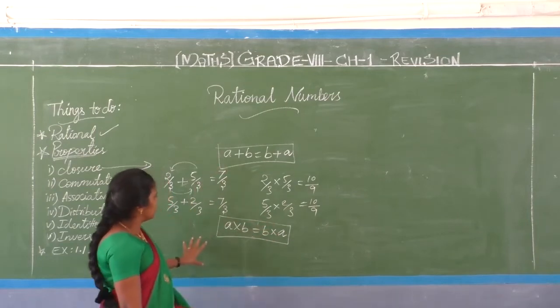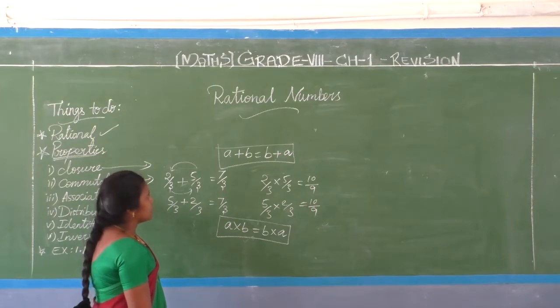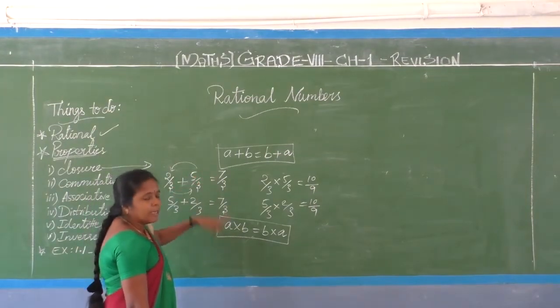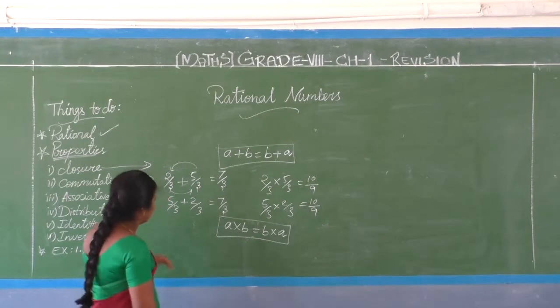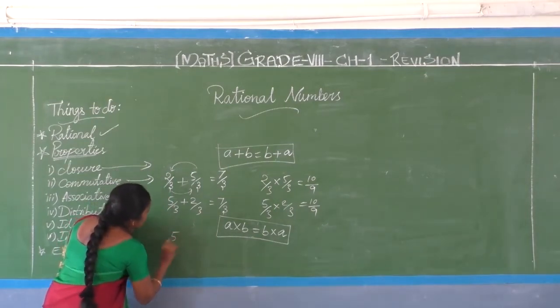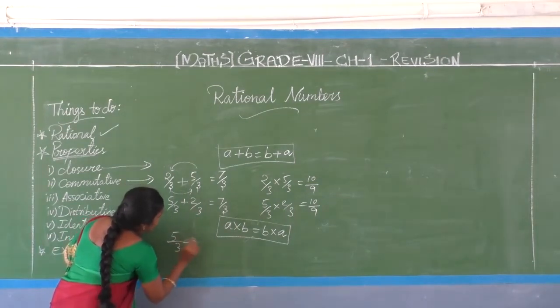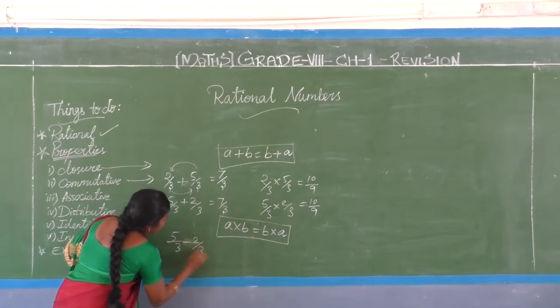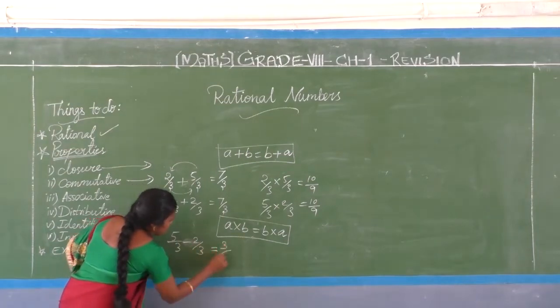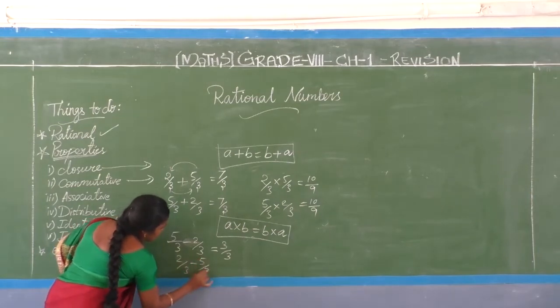So in this, what we observe, commutativity is suitable for rational numbers under addition and multiplication, but not under subtraction and division. If you want one more example, say I am putting again 5 by 3 minus 2 by 3. What comes? 5 minus 2, 3 by 3. Replace the numbers: 2 by 3 minus 5 by 3.